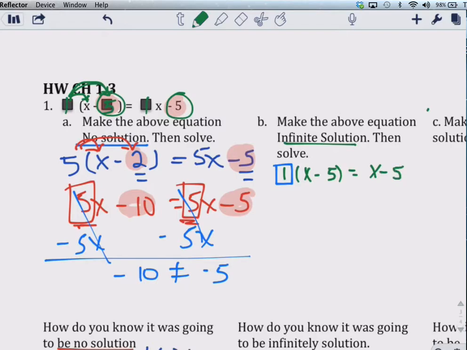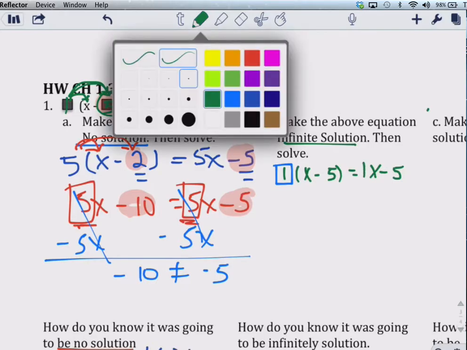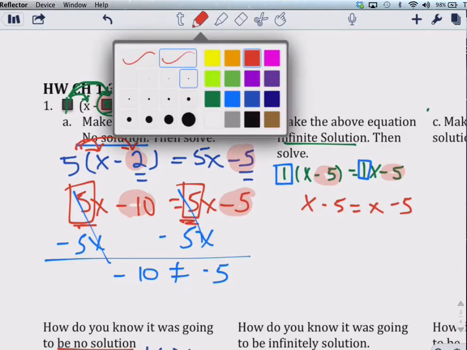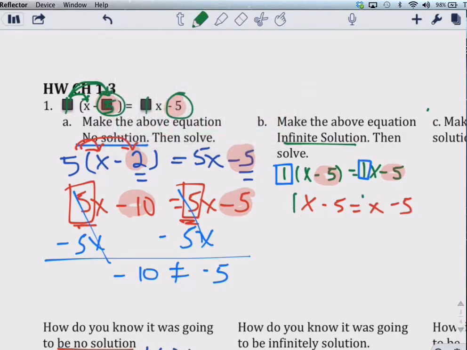It's the only way to do it. So this way my coefficient, the number next to the variable, is the same. After I distribute, x minus 5 equals x minus 5. Notice that the constant is the same and the coefficient of 1 is the same.